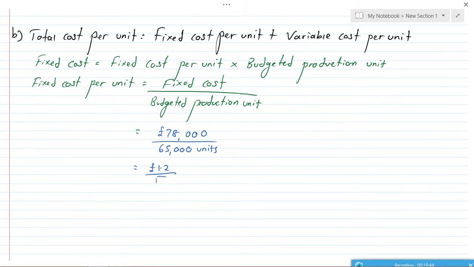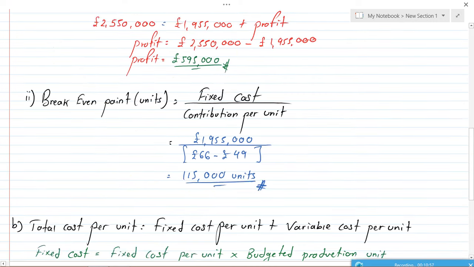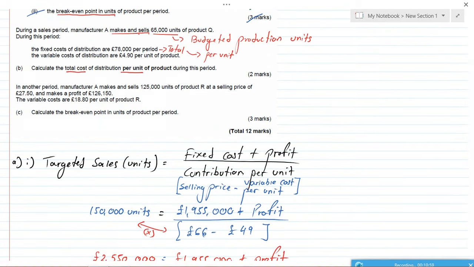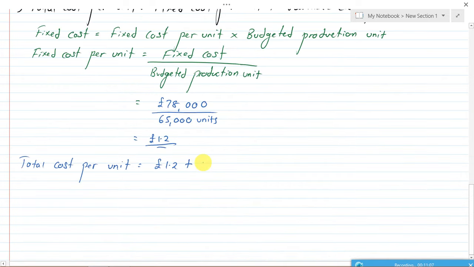So over here it's going to be total cost per unit equivalent to 1.2 plus your variable cost going to be 4.9 per unit. So it's going to be 6.1. That's going to be the final answer. So that's your total cost per unit, 6.1.